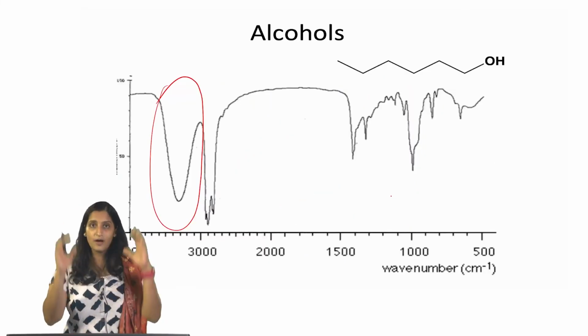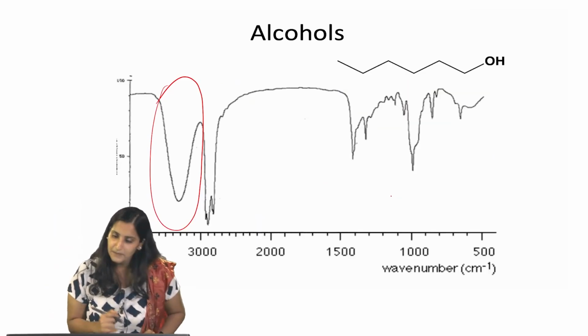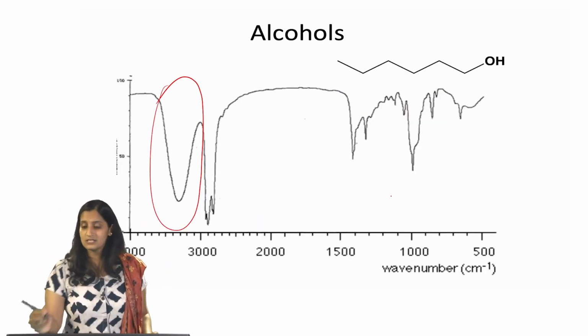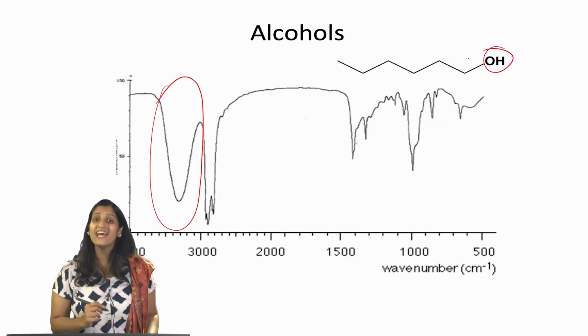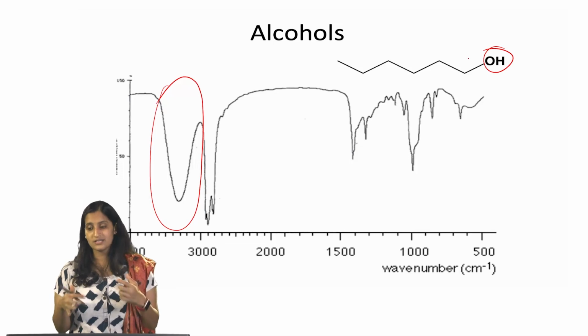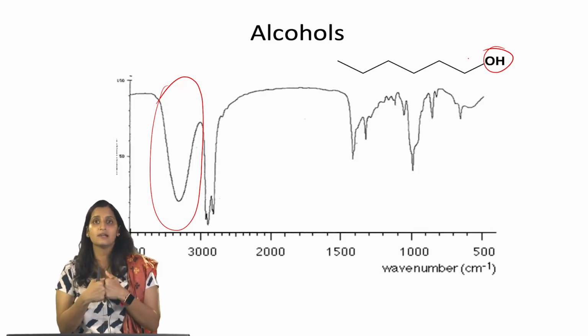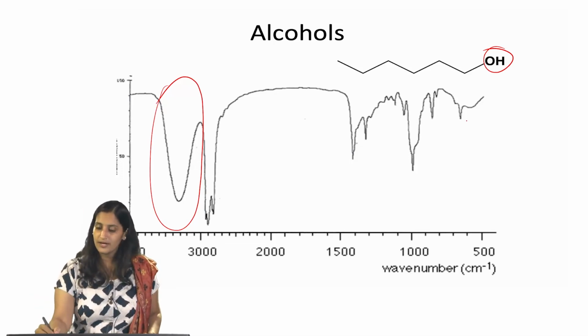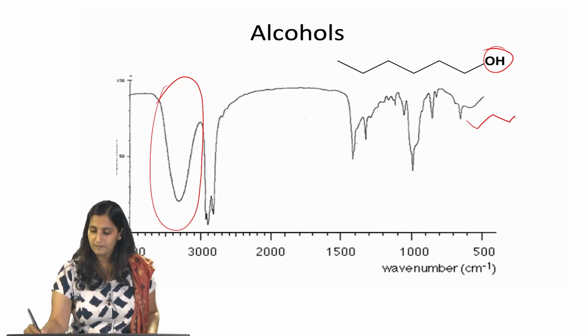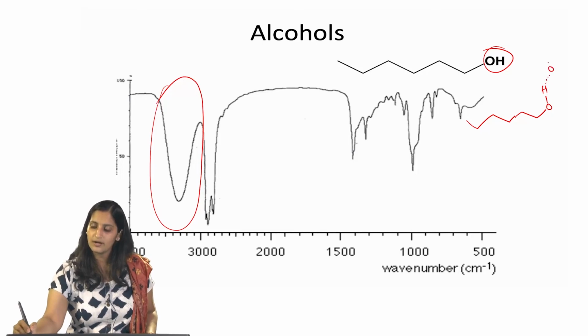In the case of alcohol, you have a very broad peak, and that results because the alcohol OH is not very rigidly held, right? Because of hydrogen bonding, this hydrogen is also going to hydrogen bond with another alcohol molecule, and so on and so forth.